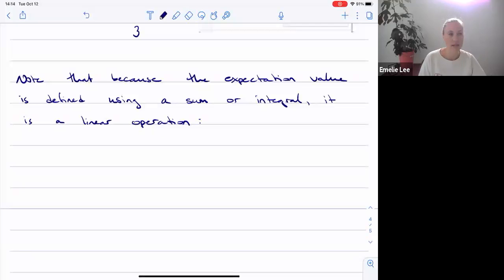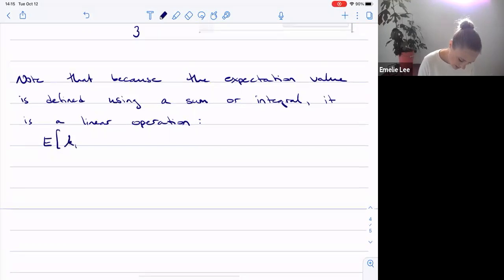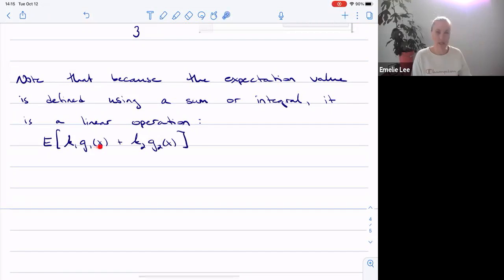Meaning what? If I have some generic expected value, and I'm going to use big square brackets here, of K1 G1 of X plus K2 G2 of X. So I can have some expected value of some combination of G1 and G2 with different coefficients on top.